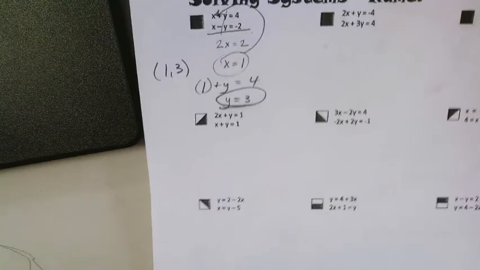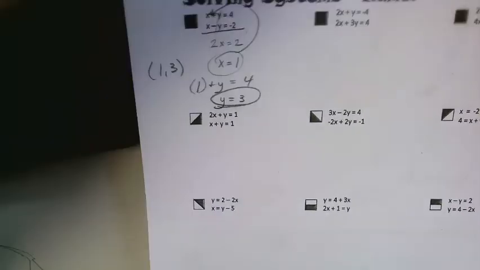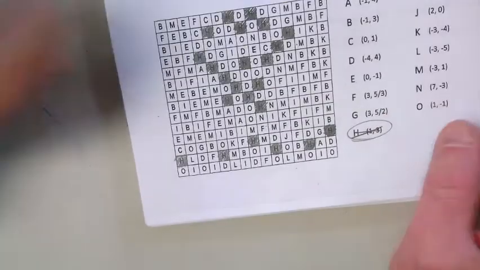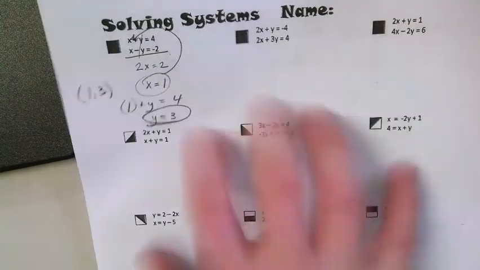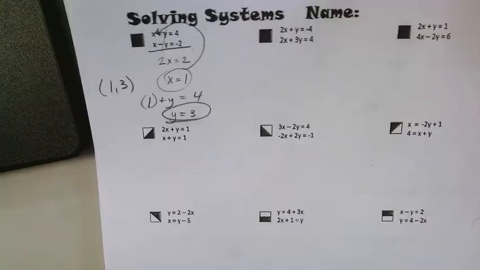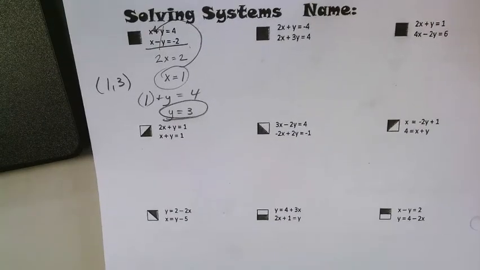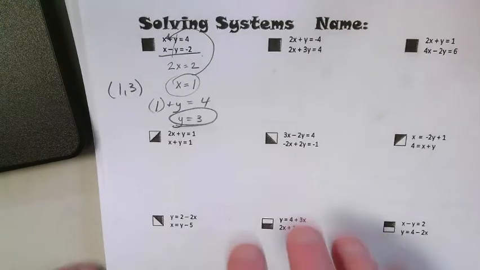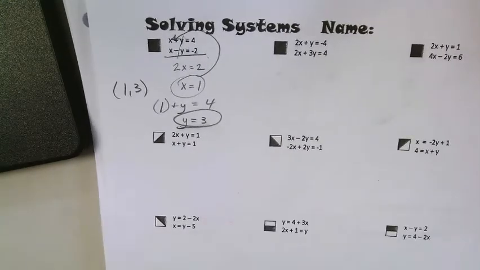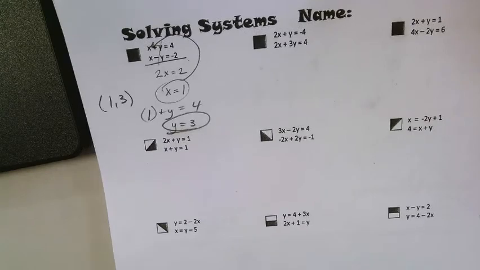On the back side, like I said, some of you couldn't do the shading because you didn't have the printer. Completely understand, don't worry about that. But in the meantime, I would go ahead and answer each one of these. Make sure you fill it out, and use the appropriate method to figure out both X and Y, so that when you get back to school, I'll give you this worksheet and you can fill in the shading and we'll call it a day.